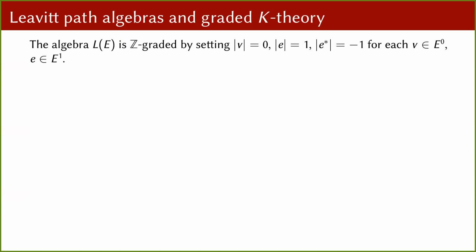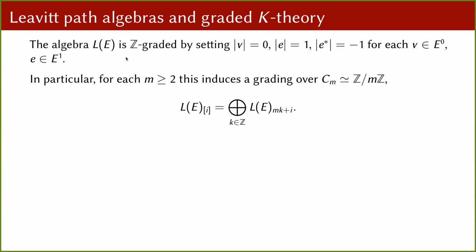In particular, then LE is graded over any cyclic group. Here from now on, except on this slide, I will use Cm for the cyclic group of order m, but for convenience here, if we write Cm as the integers modulo m, then one can give a grading on LE by considering all the homogeneous components of LE as a Z-graded algebra and then grouping them by their remainders in the division by m.